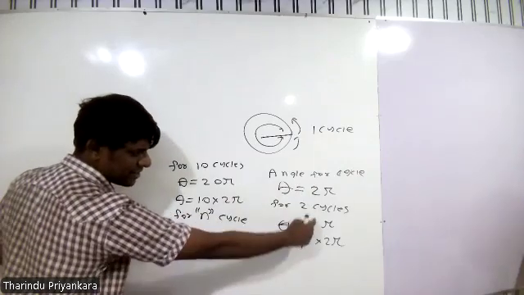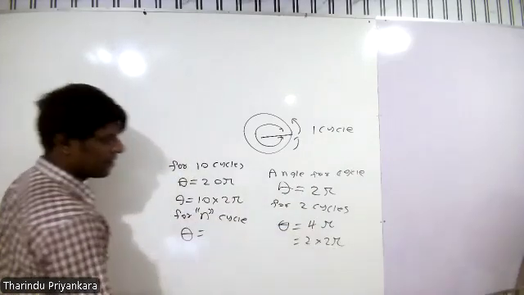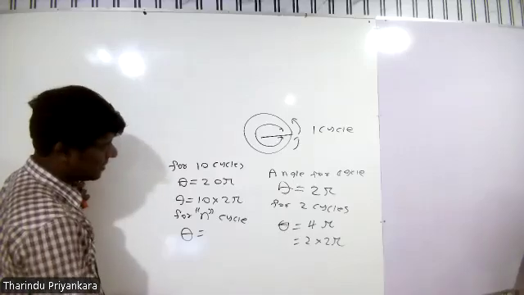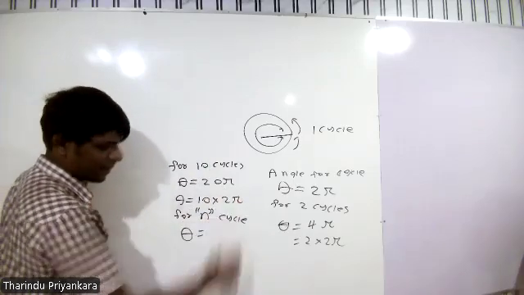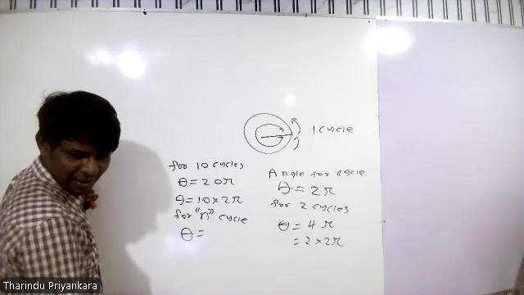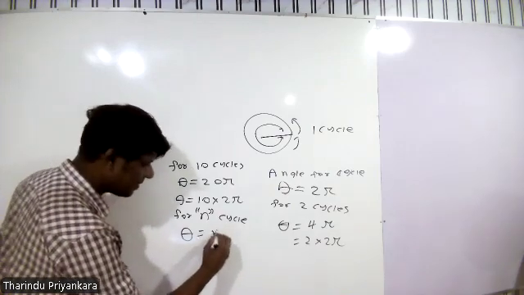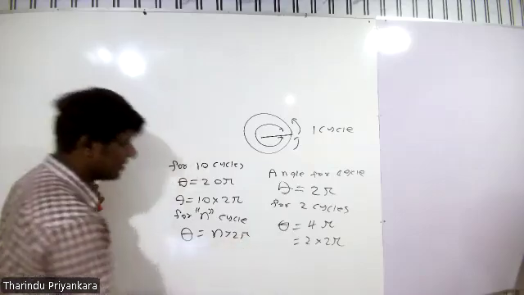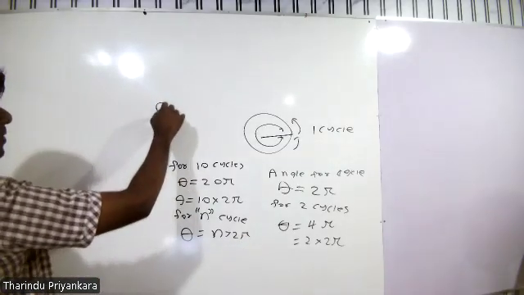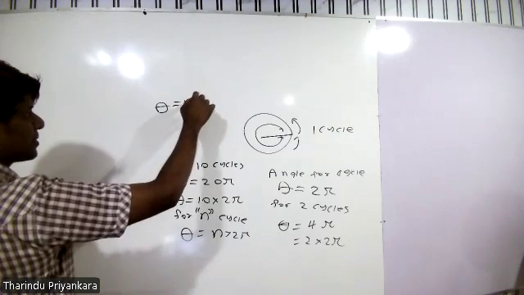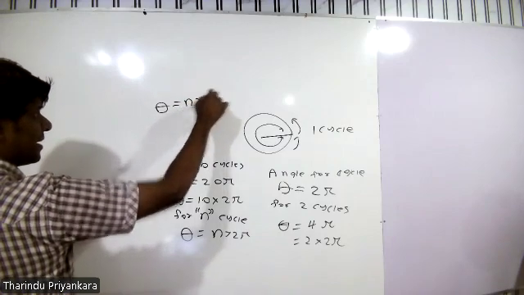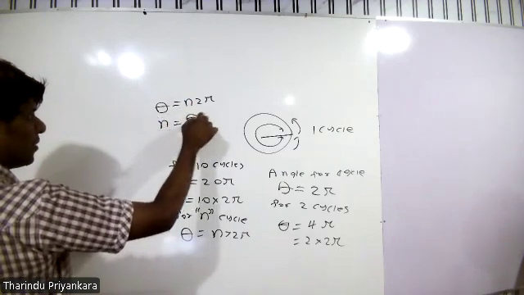For 2 cycles, 2 times 2 pi. For 10 cycles, 10 times 2 pi. Here, n times 2 pi. So this equation is very important to remember: theta equals n times 2 pi, so n equals theta over 2 pi.